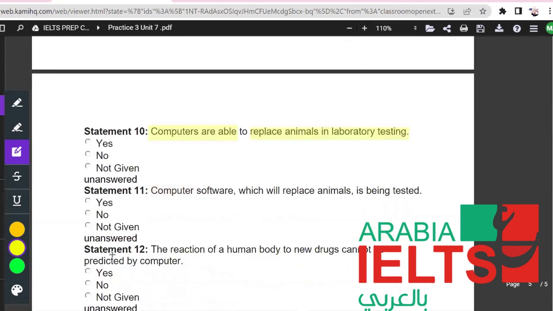So the next one: computer software, in between two commas, which will replace animals, is being tested. Yes. We're talking about computer software. It's different. Okay, not given. Yeah, exactly. So this one is not given.